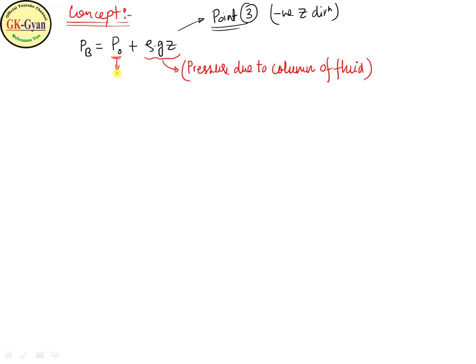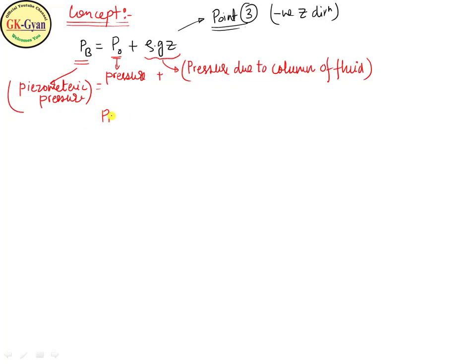And P0 is called simply pressure, reference pressure. And this is the positive. Therefore, this PB is called piezometric pressure. Are you getting my point? So here piezometric pressure is the sum of pressure and pressure due to column of fluid.